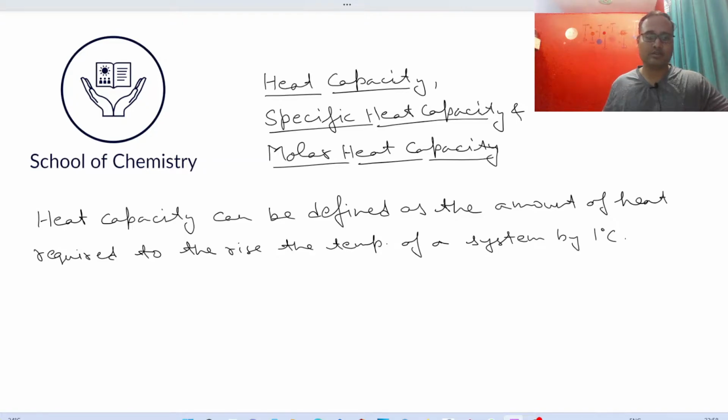It is mainly represented by capital C. So it is the heat which is required to raise the temperature of a system by 1 degree Celsius.